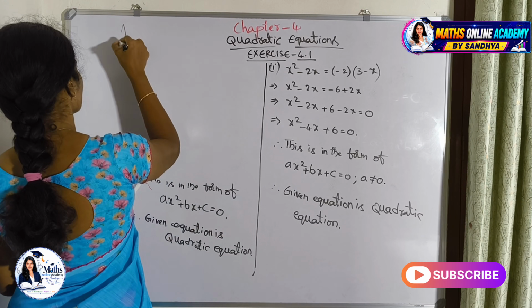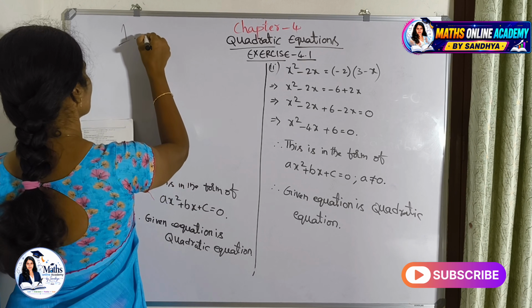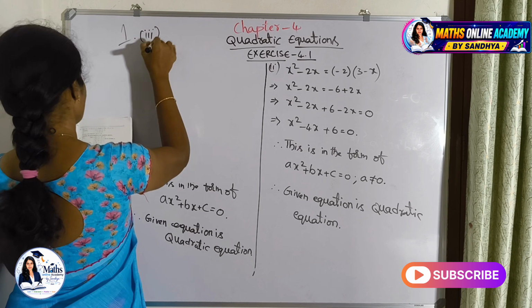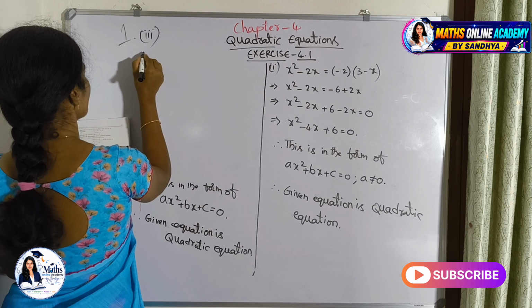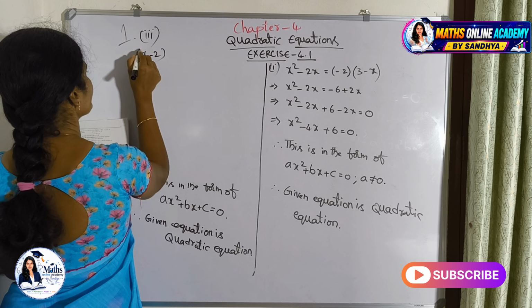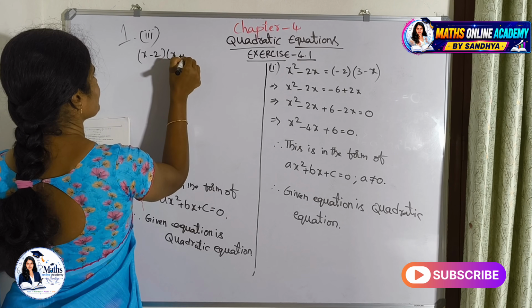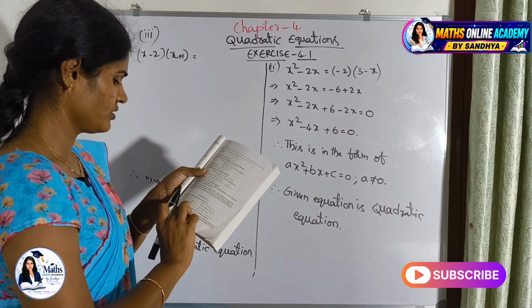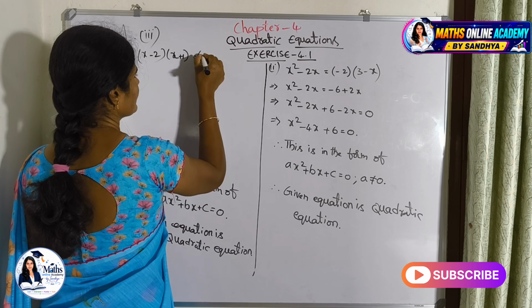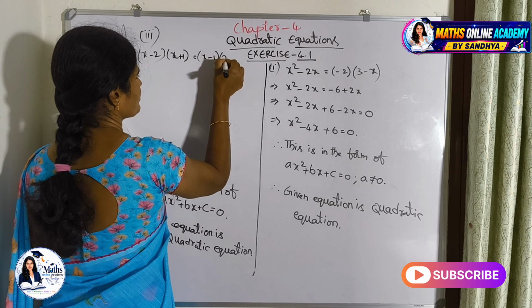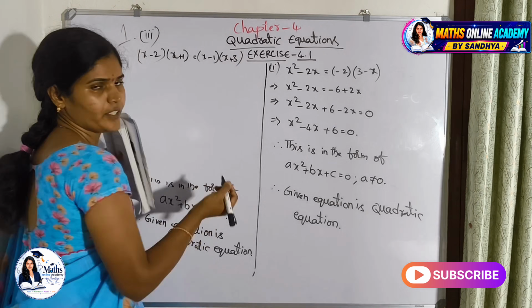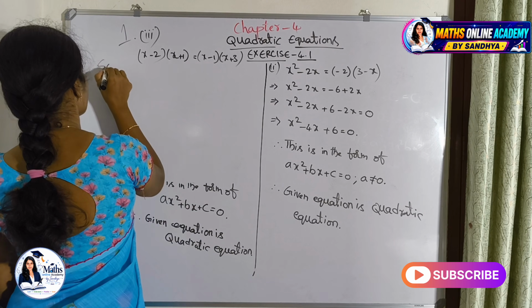See, from question number 1, the third question. Now, what is the third question? (x minus 2) into (x plus 1) equal to (x minus 1) into (x plus 3). Okay. Solution.